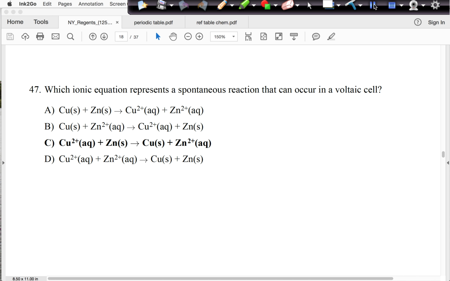So for 47, it says which ionic equation represents a spontaneous reaction that can occur in a voltaic cell. So we said that a voltaic cell is spontaneous and happens without any help. It's the nature of the reactivity of the metals that makes the more active metal the anode in a voltaic cell.